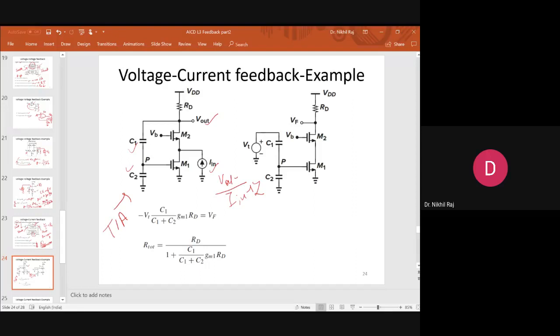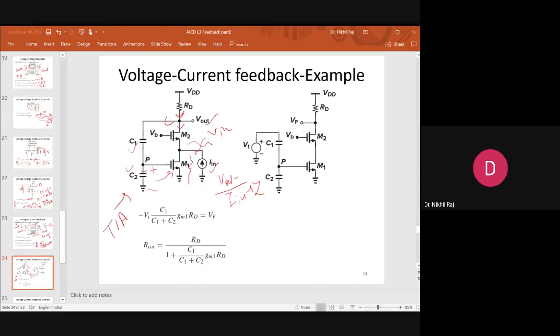How is this feedback component acting? Whatever current is coming here, some current will go here and some current will go here. This current is given back here, a voltage will be generated, and this voltage will be given to this M1, and then an effective resistance will be formed here. This effective resistance in parallel with I in gives you V in, and the ratio of V out by V in gives you the gain, that is the common gate amplifier gain.